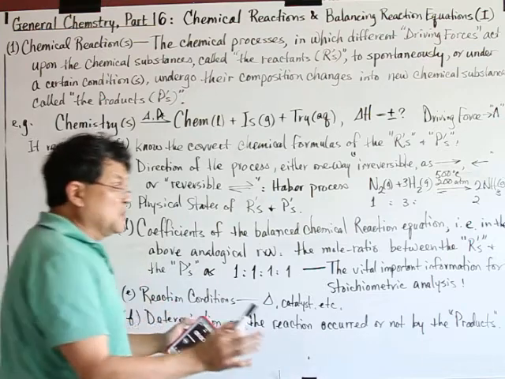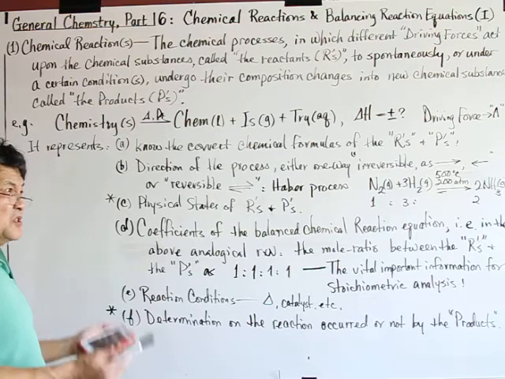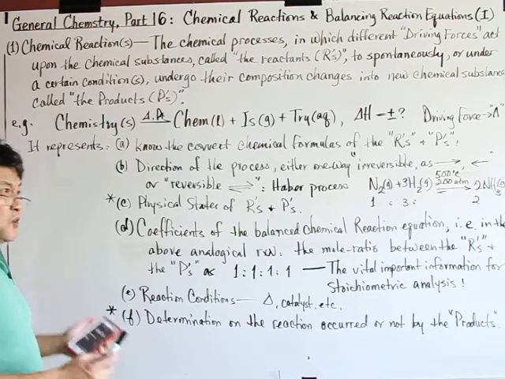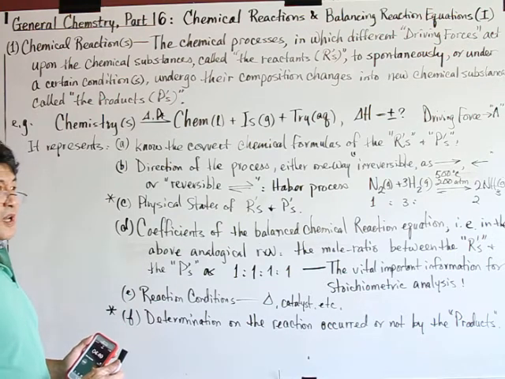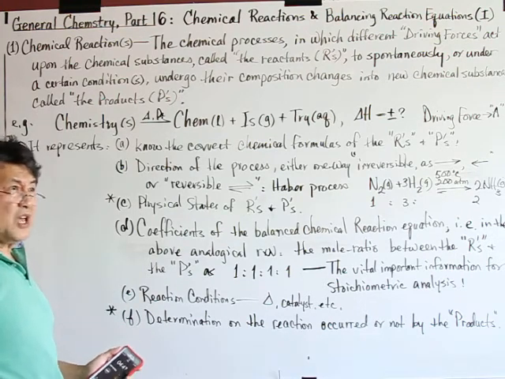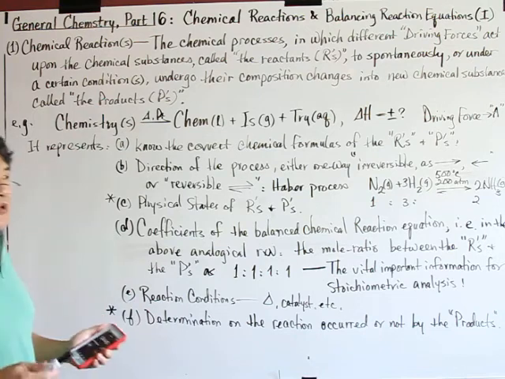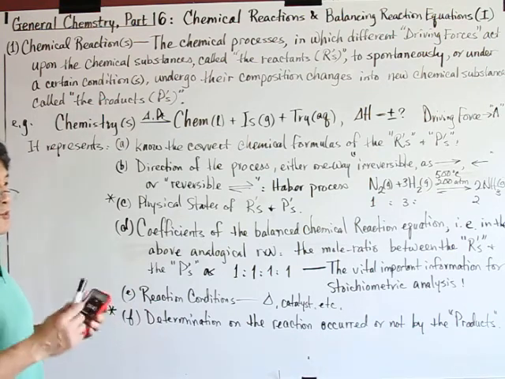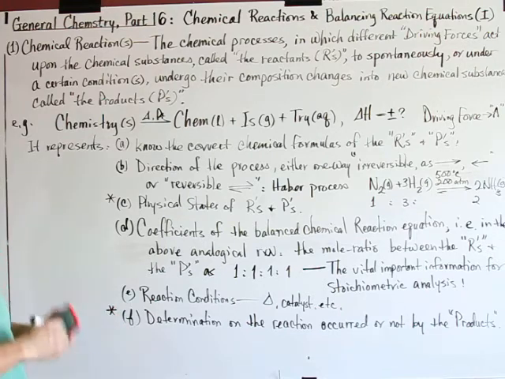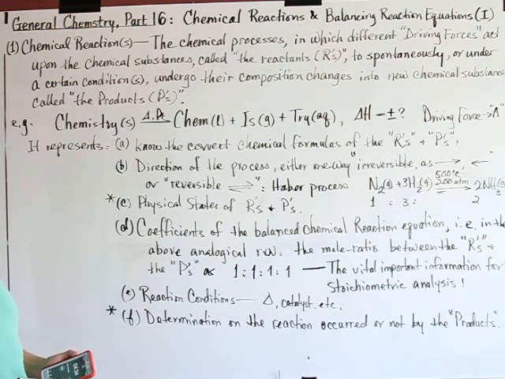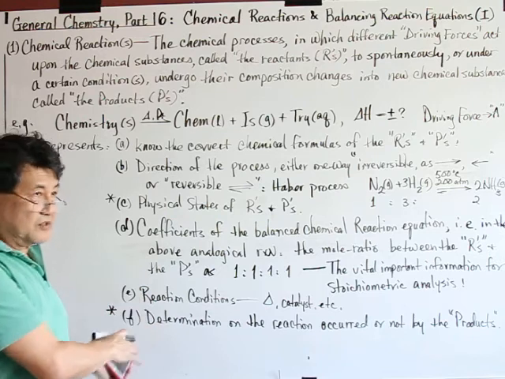They stay in the solution as cations and anions. There's no driving force to force them to form new substances. So we cannot say that is a chemical reaction, because a chemical reaction always has to produce new products with different composition from the atoms of different elements from the reactants.